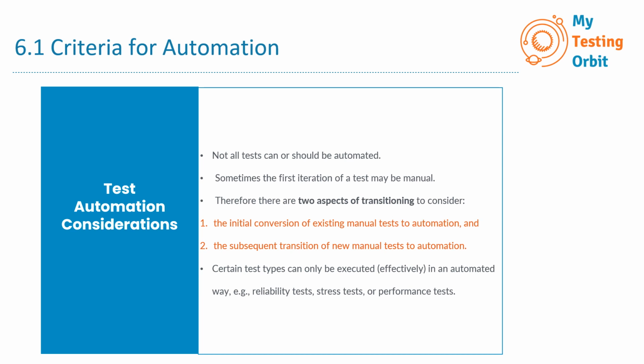In other words, you can rely on it to work consistently without unexpected failures. Coming on to stress tests, they are all about pushing a system to its limits to see how it performs under extreme conditions. And performance tests focus on how well a system performs under normal conditions. You want to know if it's fast, responsive, and efficient.